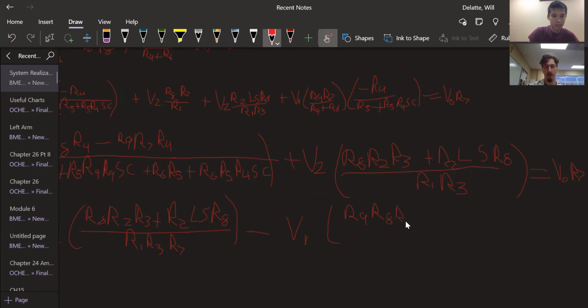R9, R8, R4 plus, remember, we pull that negative sign out of both of these terms, which is how we didn't get any kind of canceling nonsense here. Over, like I said, make sure your parentheses game is on point with R7. Open parentheses, and then R9, R5, right? And it's just going to be the same term again.